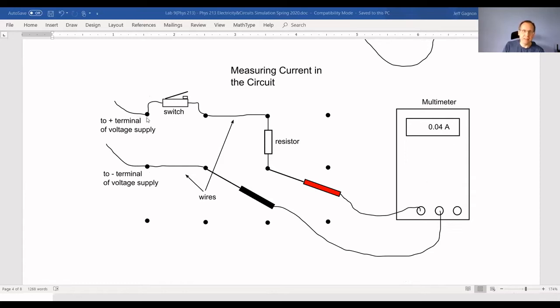And now again, since this is the positive side and this is the negative side, positive would go here, negative would go here. If you reverse them, you just get a negative here and it would just be the opposite. So in this case, positive, negative. And now, as the current flows, it's going to go through the multimeter and then back into the circuit. So the multimeter itself becomes part of the circuit.